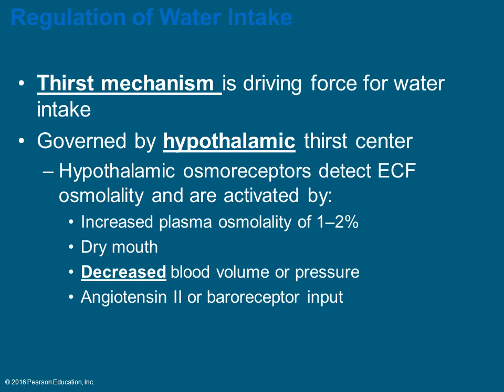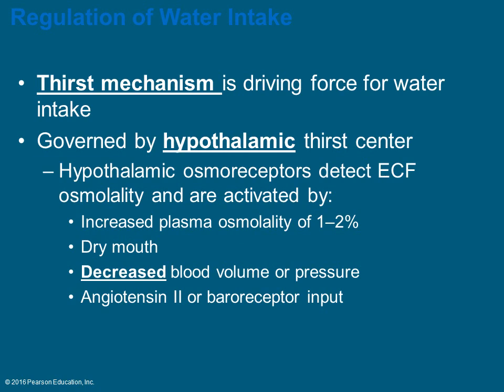So your thirst mechanism is going to play a role in influencing the amount of water you take in, and a lot of this is controlled by the hypothalamus. Remember, the hypothalamus is very important overall for helping to maintain homeostasis in the body. There are regulators in the hypothalamus that are going to be activated by things such as a dry mouth.